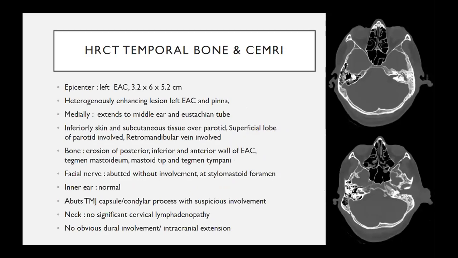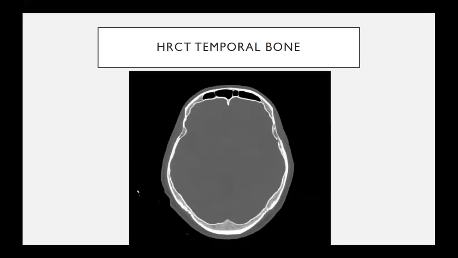And radiological workup was done, which included both HRCT temporal bone and a contrast-enhanced MRI of face and neck. In the HRCT, this is an axial HRCT temporal bone.